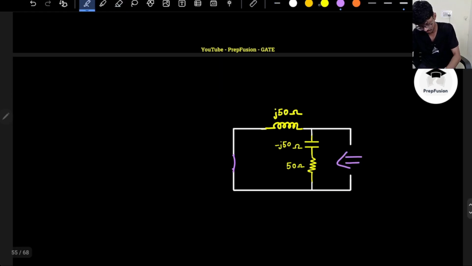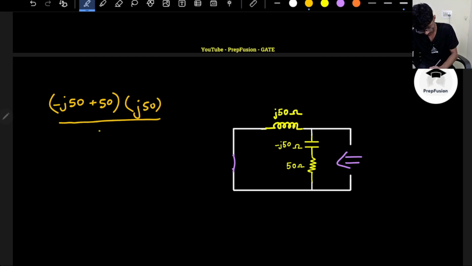So it is basically minus j50 plus 50 into j50 divided by 50 only, because basically what you're doing is adding everything, minus j50 plus j50.